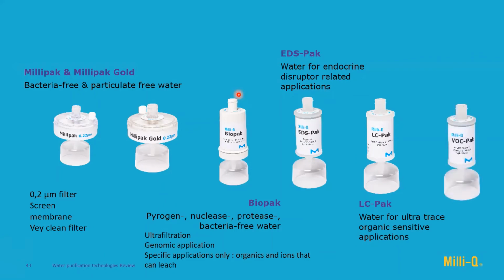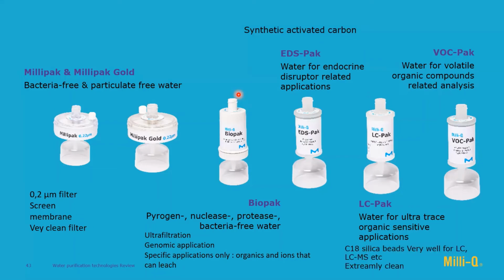And finally, we have the VOC-Pak for water for volatile organic compounds related analysis. So for type 1, type 2, we are able to adapt to your application, because when it comes to type 2 and type 3, we are talking about really specified applications and critical ones.